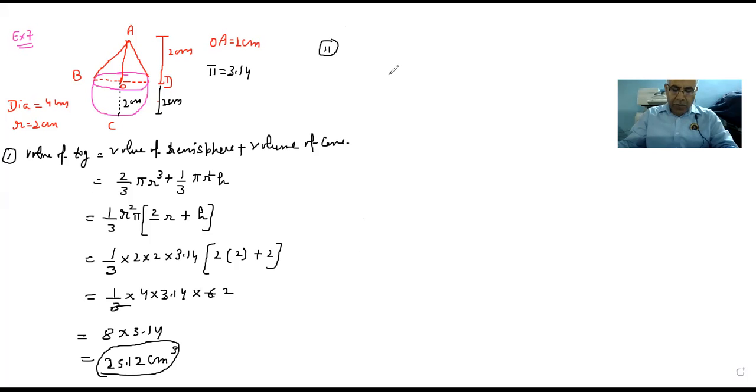If the right circular cylinder circumscribes the toy, now the entire toy we have enclosed inside a right circular cylinder. This is the right circular cylinder, like this, in the same way we did here.